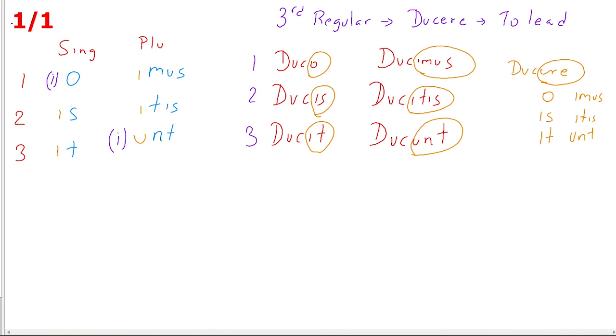So let's take another example. Let's take the word petere, which means to aim, to attack, or to desire.